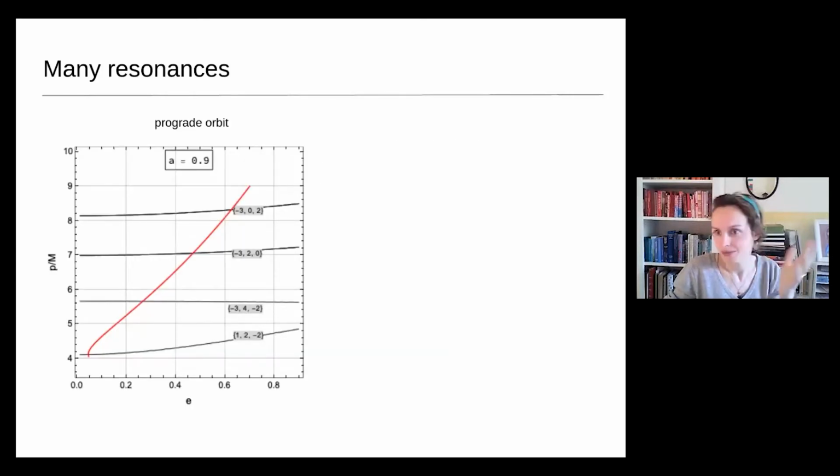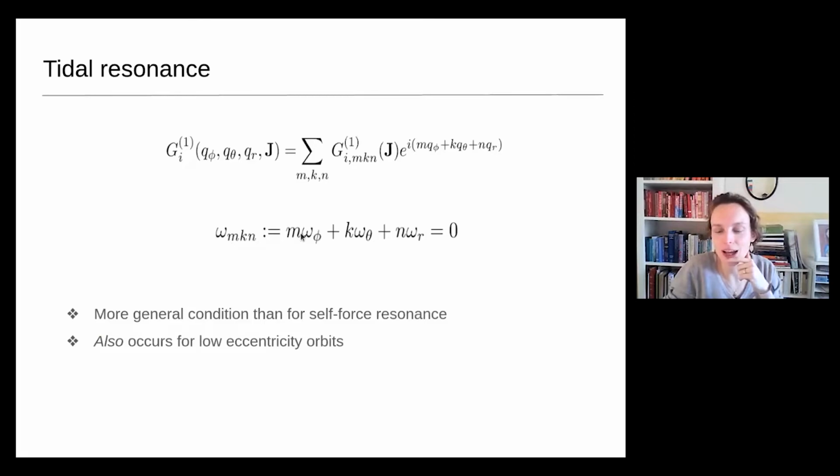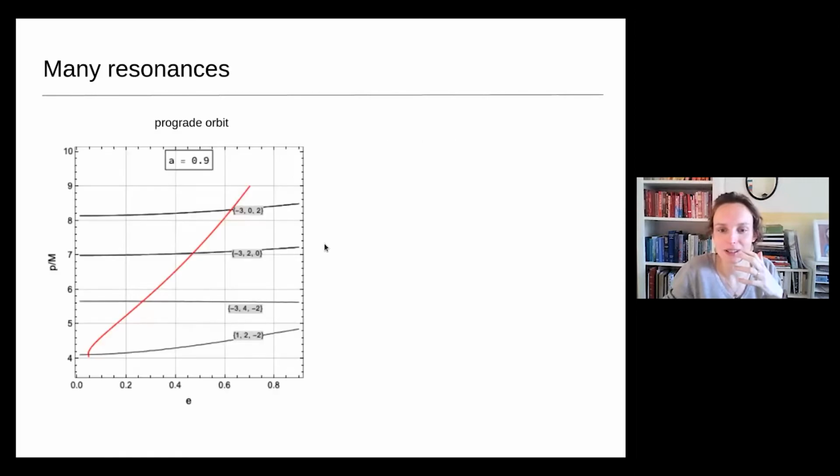Now, just as in the self-force case, you may ask yourself the question, okay, fine, but does this actually ever happen during a generic inspiral? Is it relevant? And in fact, the answer is yes.